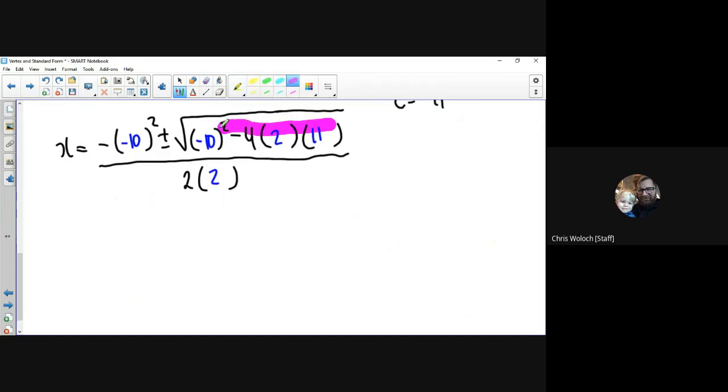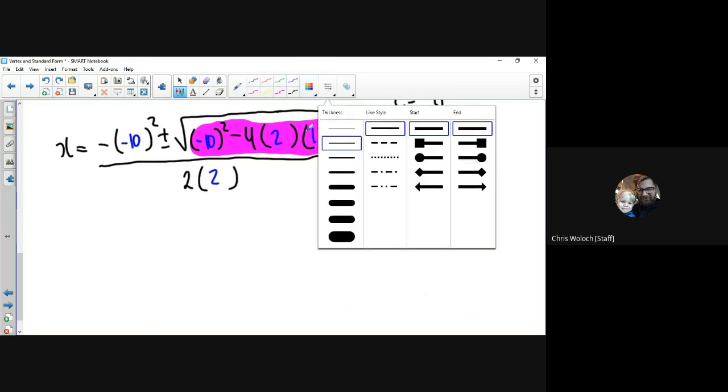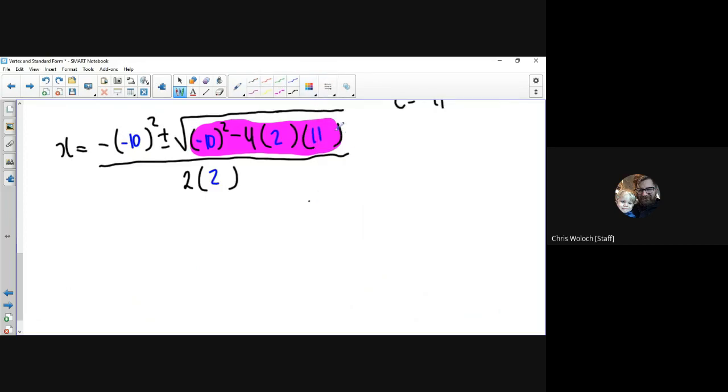And again, this was the discriminant from the last question.